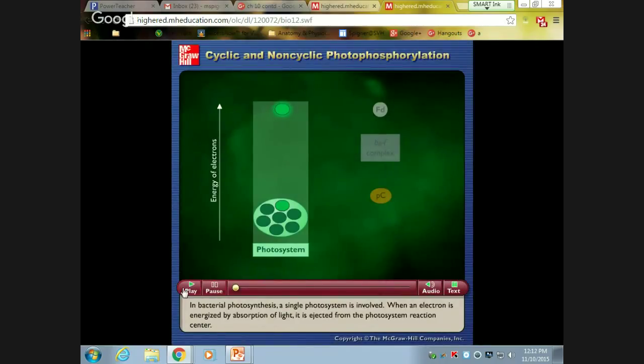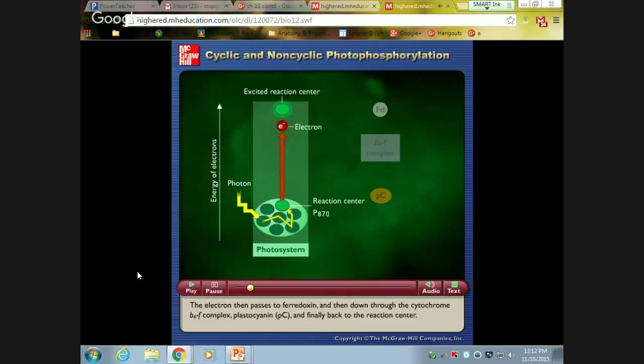Are you ready? In bacterial photosynthesis, a single photosystem is involved. When an electron is energized by absorption of light, it is ejected from the photosystem reaction center. The electron then passes to ferredoxin and then down through the cytochrome B6F complex, plastocyanin PC, and finally back to the reaction center.